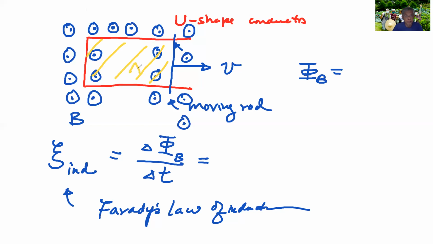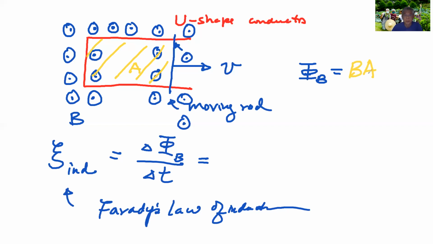Your B is out of page, so they are 90 degrees in this, but the line perpendicular to the face and the B is 0 degree. So all we care about is B times A times cosine 0, which is equal to 1.